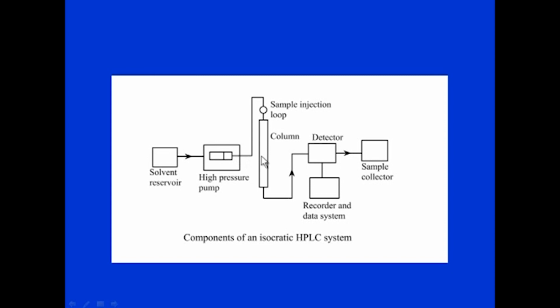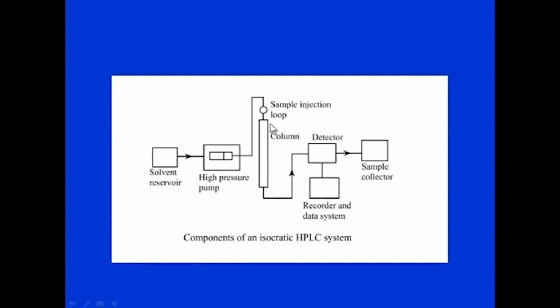From the pump, the solvent will be directed to the column. Many times there is a guard column here which cleans up the system, and remember all mobile phase has to be degassed and filtered, so that it does not precipitate and lead to generation of high pressure because of choking of the column.